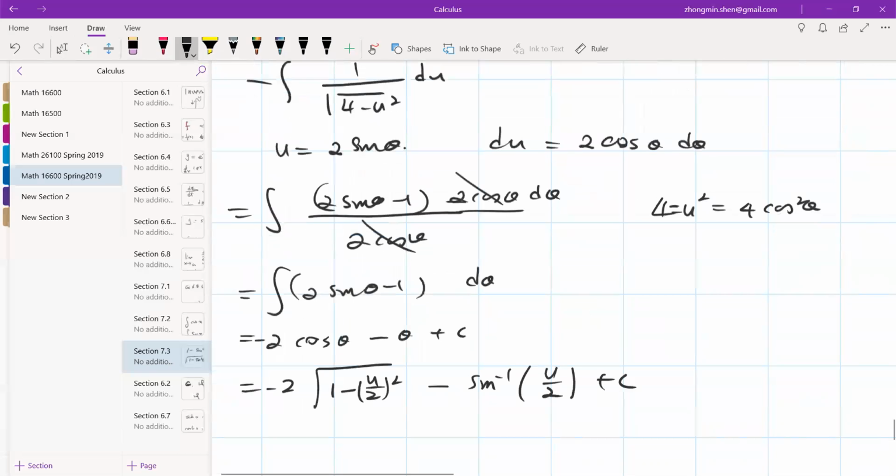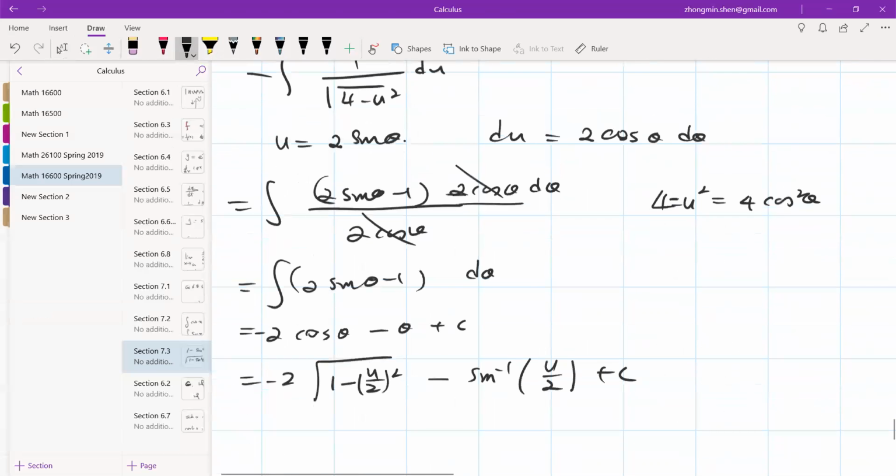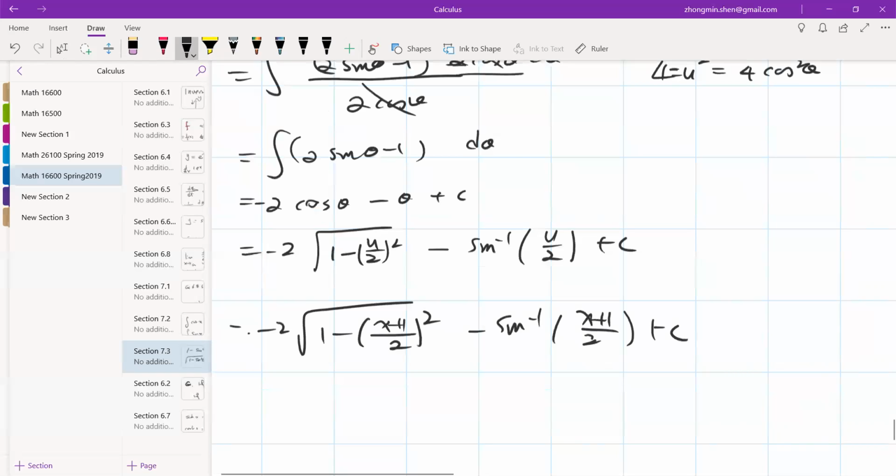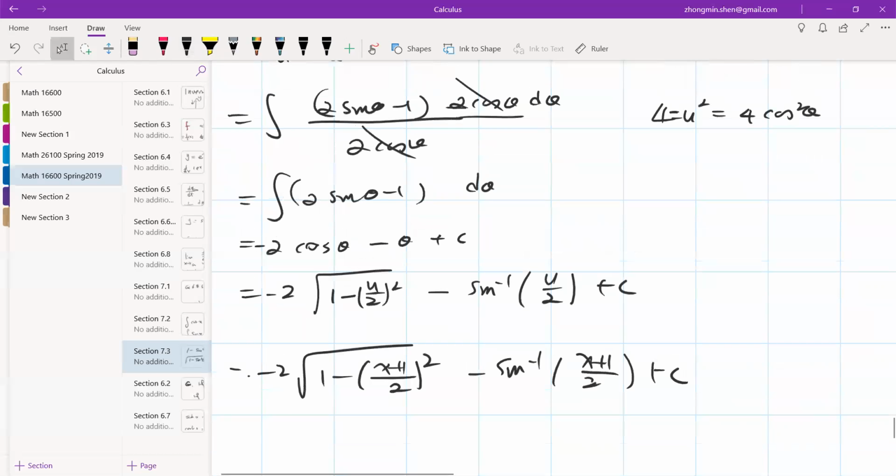Okay, so what is u? u is x plus 1. So there are two substitutions involved. Okay, so that's it. Then you can simplify a little bit if you want, and this is the answer. Problems are getting more and more complicated, with so many substitutions involved. Two substitutions. Finally, we evaluate the integral.